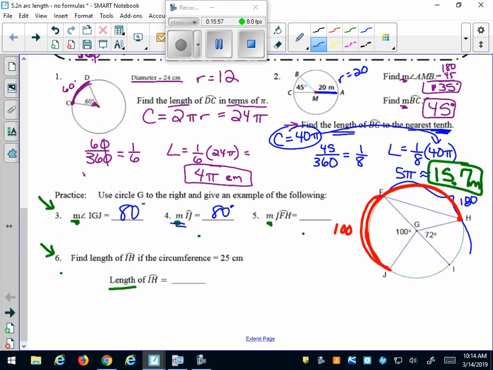So what we need is what this part is. So we really need to figure out this angle. So again, if this whole thing is 180, and this piece of it is 72, that makes this 108. So therefore, our arc JFH is 100 plus the 108, so 208.